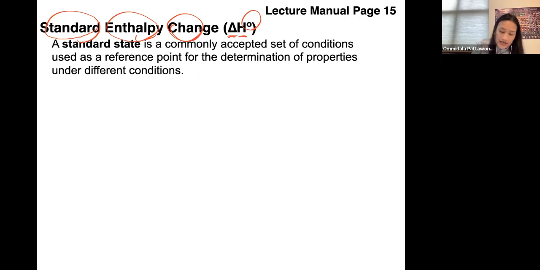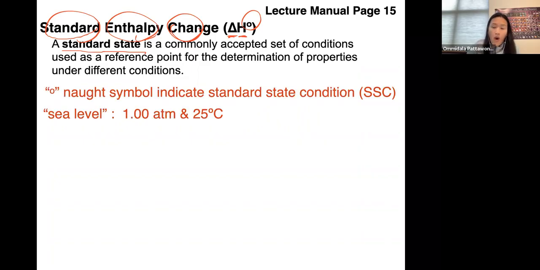What is a standard state? A standard state is a commonly accepted set of conditions used as a reference point for determination of the properties under different conditions. So why do we need that?